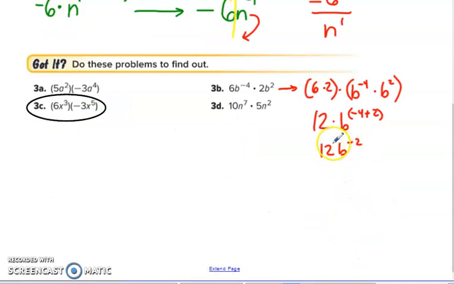And so this, okay, so this is 12 to the first power. This is b to the -2 power. So that b is going to have to go below. So we'll go ahead and do that. So we got 12 on top, and then b will go downstairs. And just think about this. b to the -2 equals 1 over b squared. So that b squared will go down here.